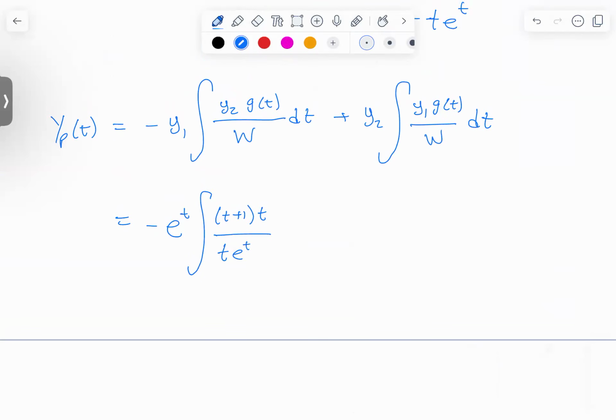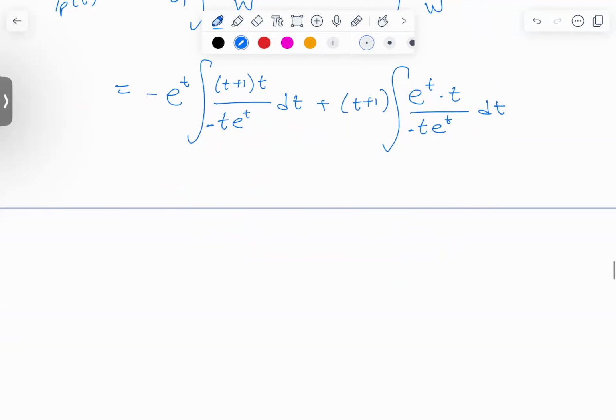T e to the t. Negative t e to the t dt. All right, let's simplify this down. Negative that goes positive out there.